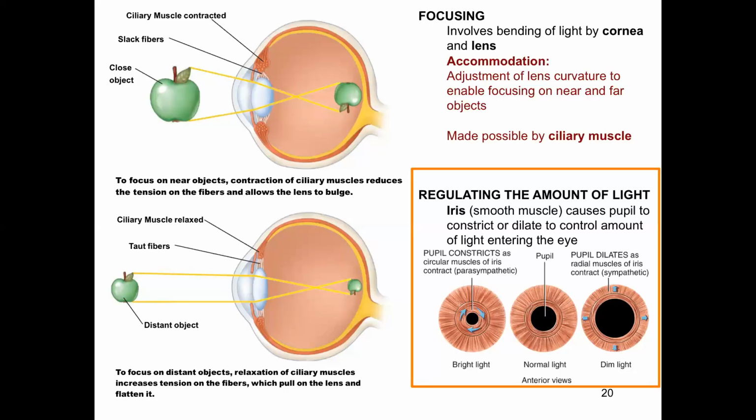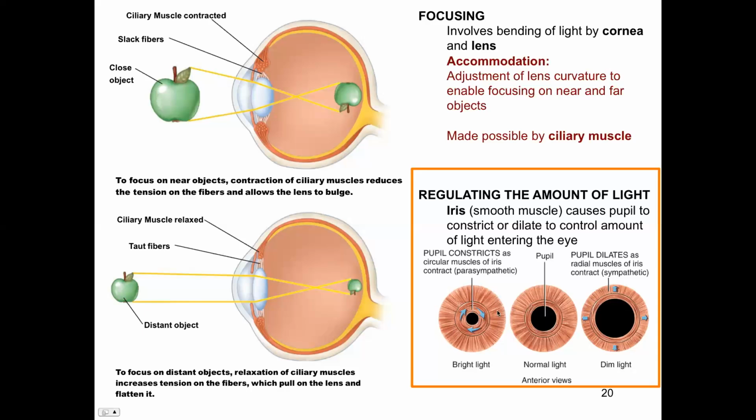Now the amount of light that comes into your eye is regulated not by the lens, but by the iris. And literally the iris is two layers of smooth muscle, radial and circular.